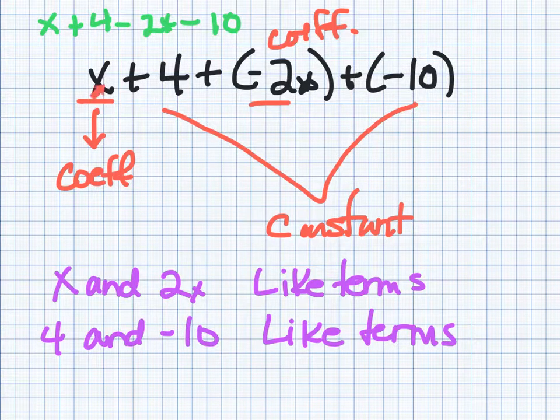When I do that, I end up with x plus 4 plus, and then I put my negative coefficient in parentheses, plus, and then put the negative 10 in parentheses too. So the 4 and the 10 are my constants. The 1 with the x, and the negative 2 here are my coefficients. And then down here I have just what I said. I have x and 2x are like terms, and 4 and negative 10 are my like terms.